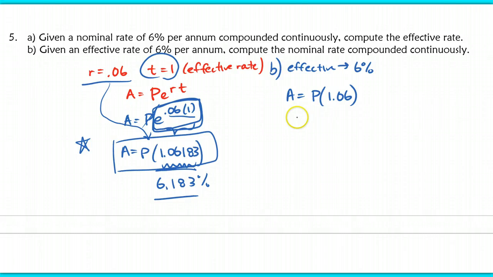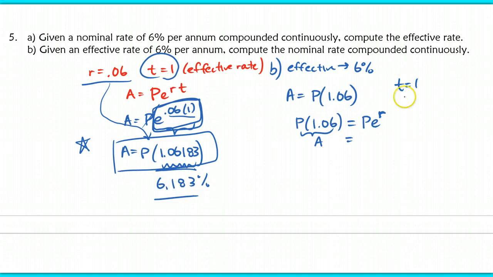So I know that P times 1.06 is equal, using substitution, to my principal, P, again, multiplied by E to the R. I don't know this number, this is what I'm trying to figure out, R, raised to the T period, which again is still 1.